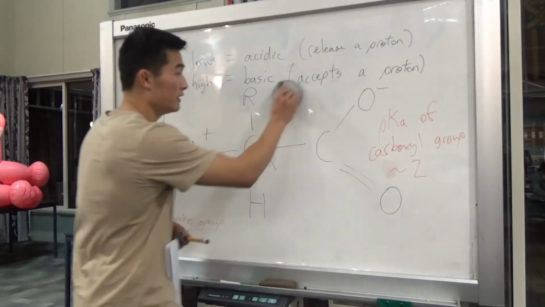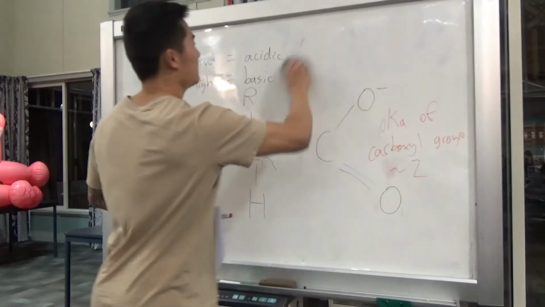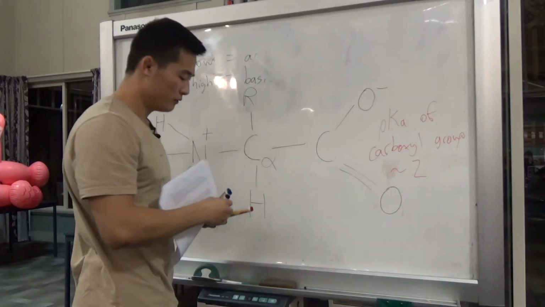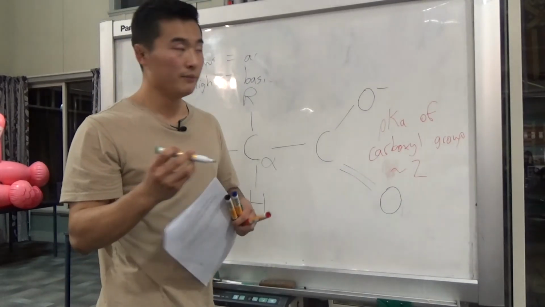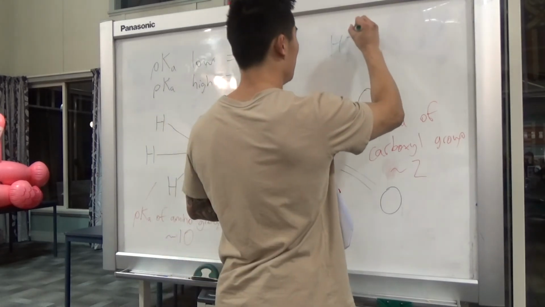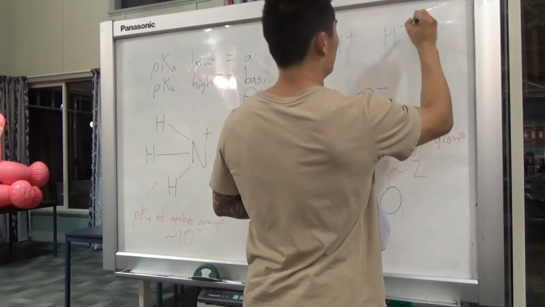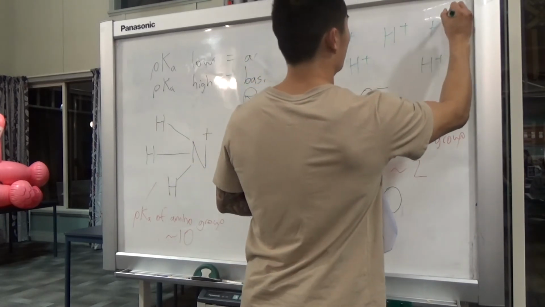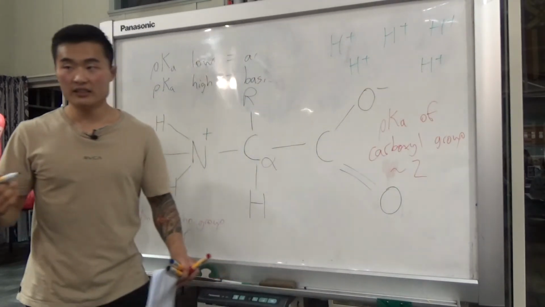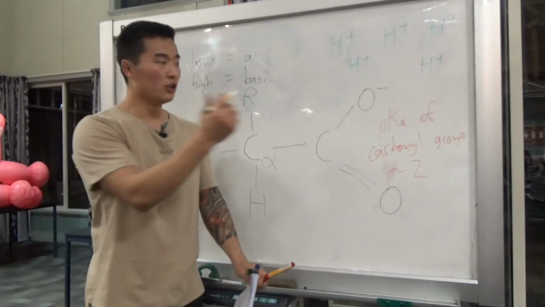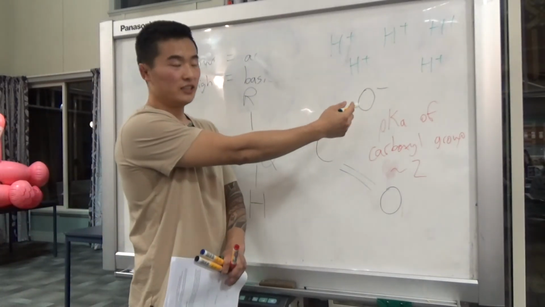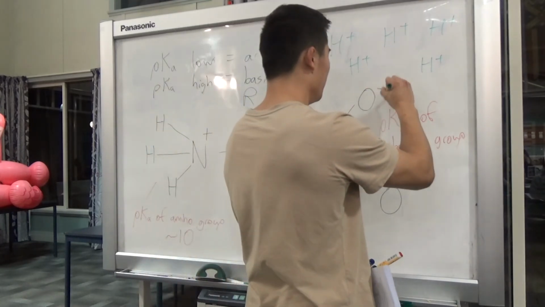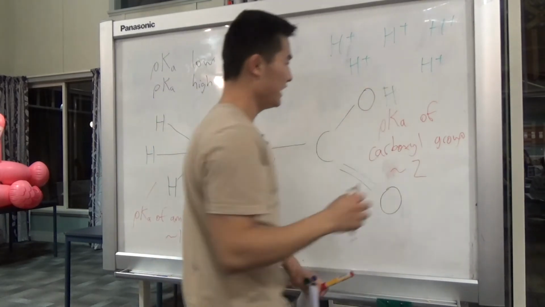So in this situation here, let's say that we were in a very acidic environment. So if the pH is very low, there's going to be lots of protons floating around. And so it's more likely to collide with this negatively charged oxygen atom, and it's more likely to become protonated, right?